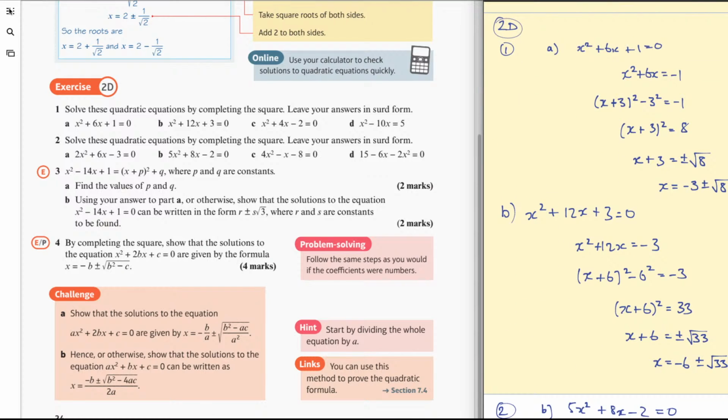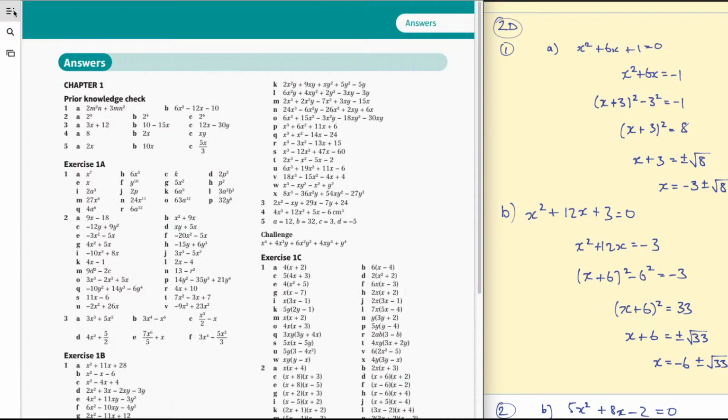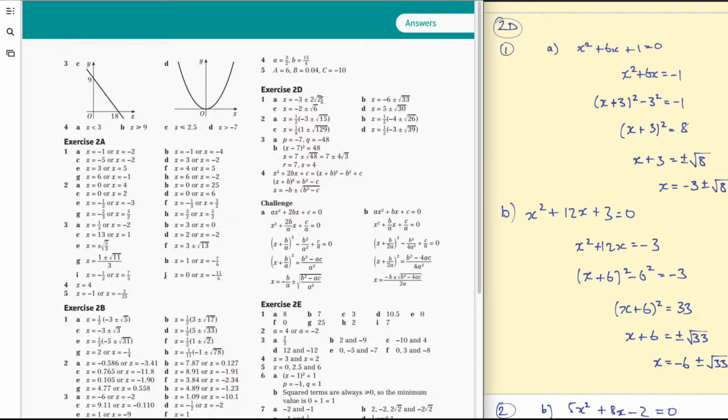Let's go ahead and make sure we're doing these correctly. 1a and b. So 1a was, okay, so you could write root 8 as 2 root 2. That's the same thing if you simplify that surd.